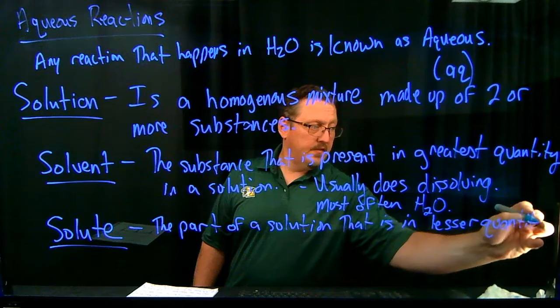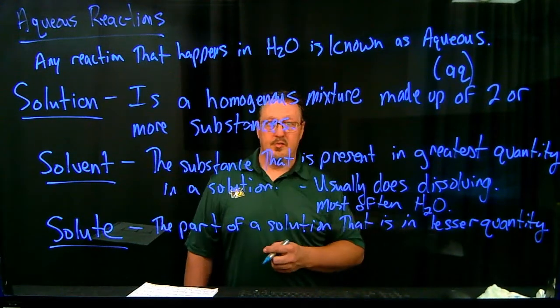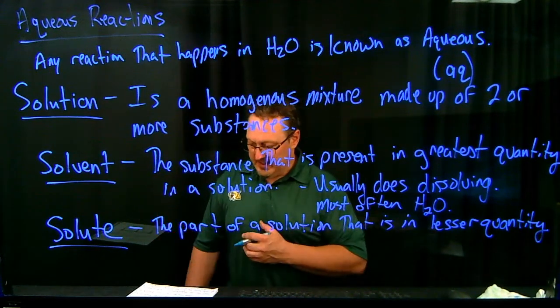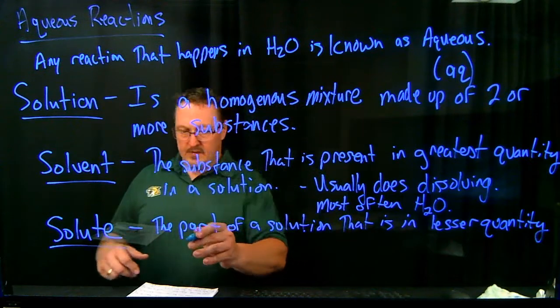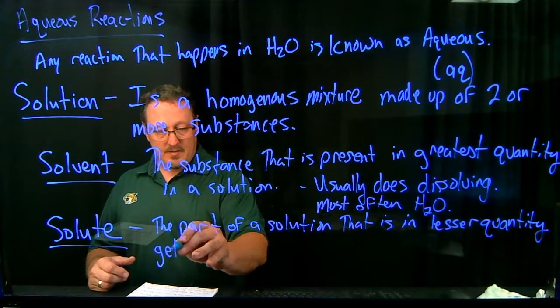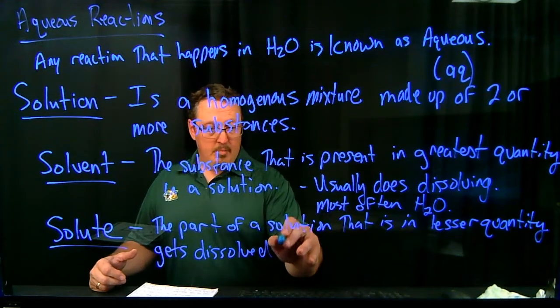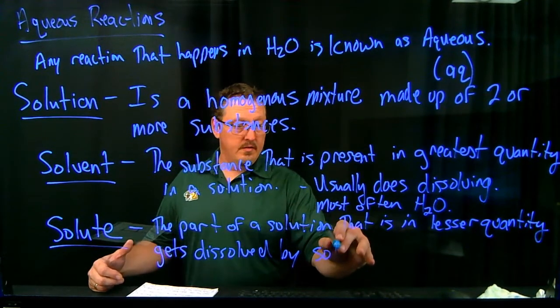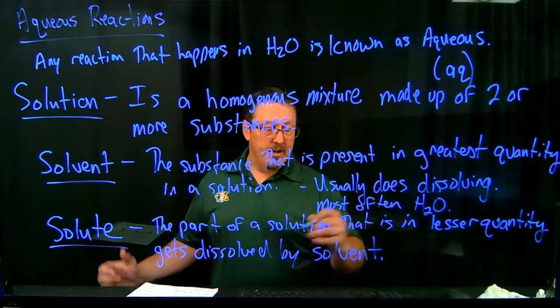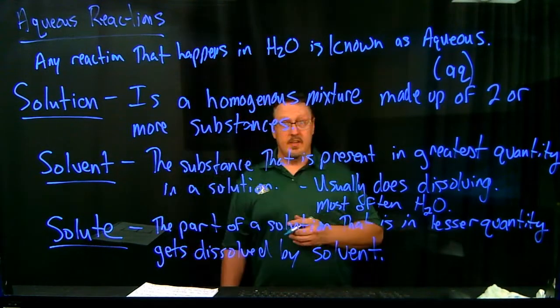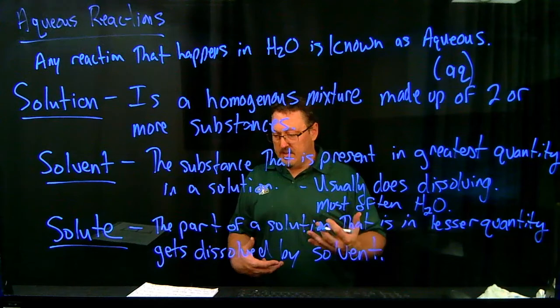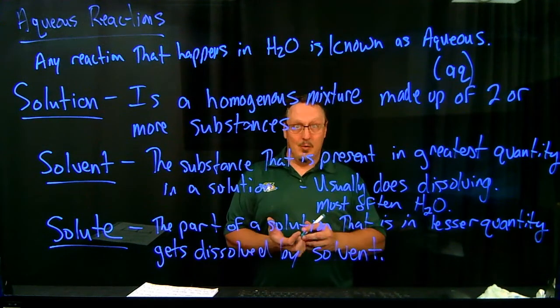So this is what we have less of in terms of the pieces, the parts. The solute gets dissolved by the solvent. Later on we're going to talk about how that happens and how those pieces do all of that, and we'll get into that when we get back to it.